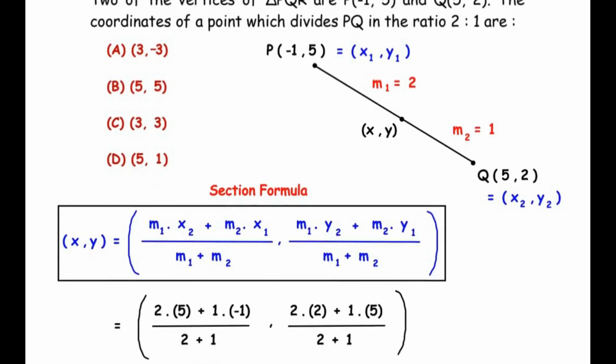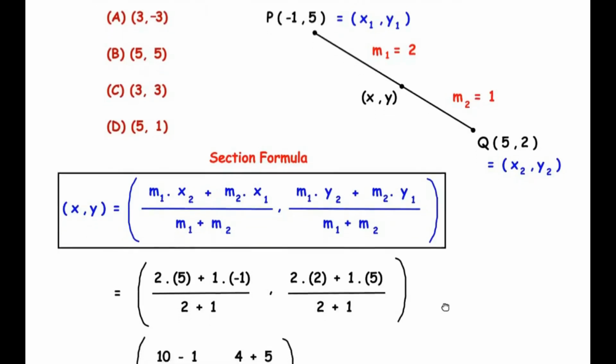So we get m1 x2 becomes 2 times 5 plus m2 x1 becomes 1 times -1 over 2 plus 1, comma m1 y2 becomes 2 times 2 plus m2 y1 becomes 1 times 5 over 2 plus 1.